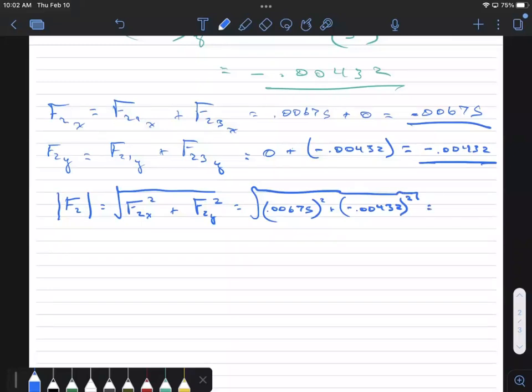Now get my calculator out. 0.00675 squared plus negative 0.00432 squared. And remember, the negative is in the parentheses, so the negative will get squared and become positive. Be very careful about that. And I take the square root of that, and I get a total magnitude of 0.008.